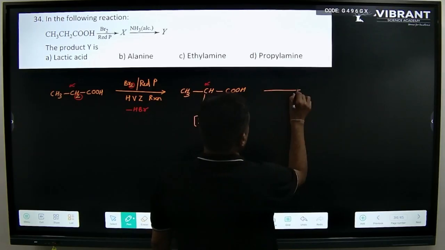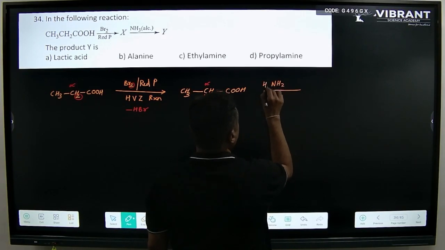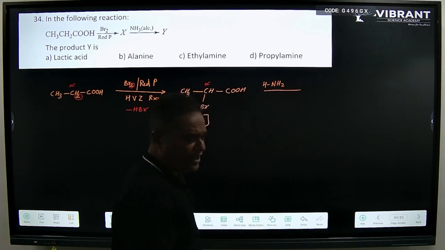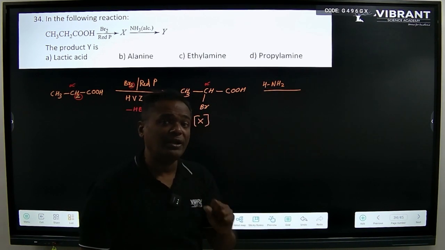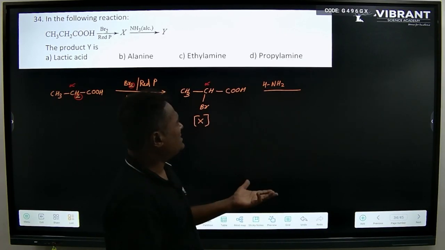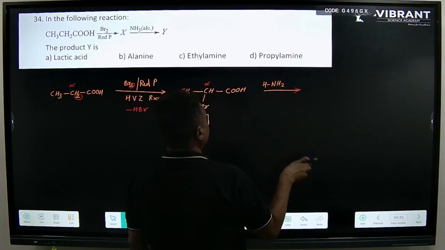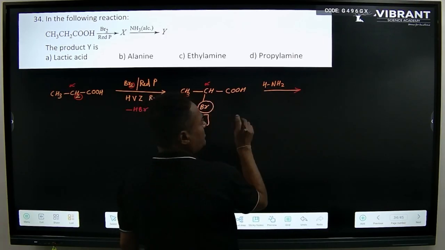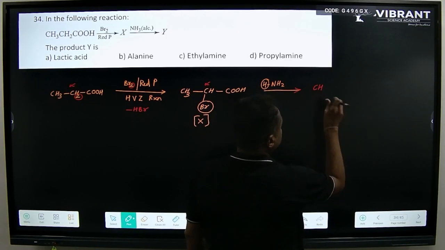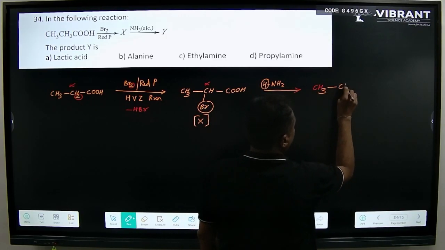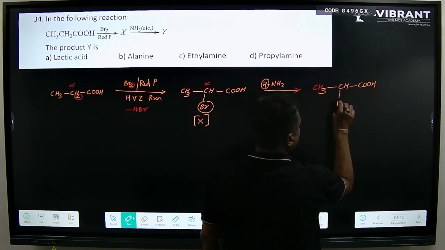Treat this with ammonia. Child, do you remember the reaction where halides get replaced by amines, which is called Hofmann ammonolysis, and in this reaction no additional condition is given. So we can get the primary amine as the major product. Here Br is lost, and you get CH3, CH, COOH and NH2.